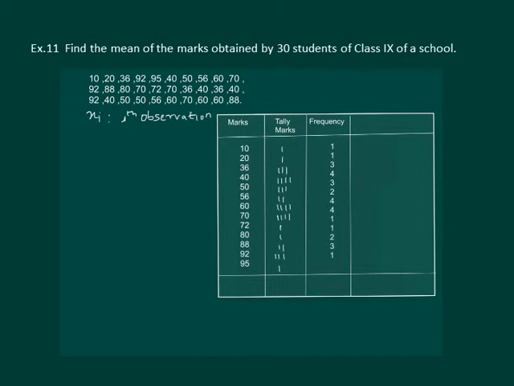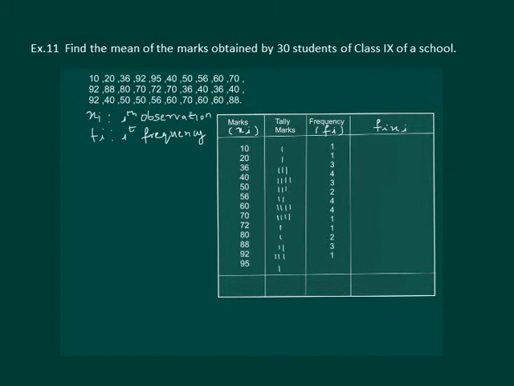Like xi denotes the ith observation, fi denotes the ith frequency. So that means f1 is 1, f2 is 1, f3 is 3, f4 is 4, f5 is 3, f6 is 2, and so on.